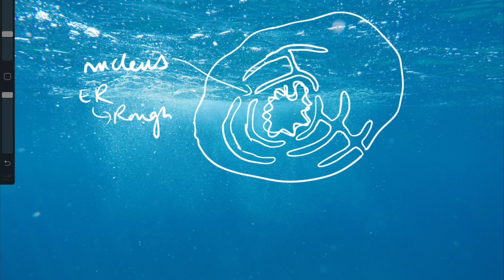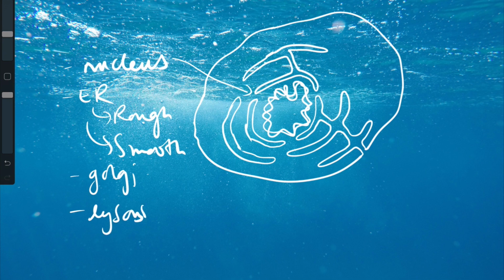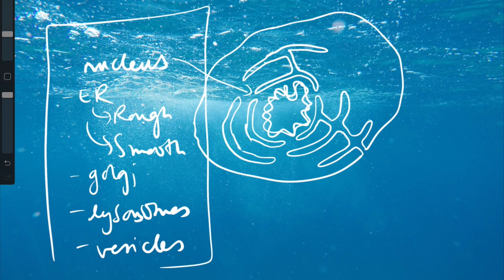Both rough and smooth are considered to have evolved in this way. Additionally, the Golgi apparatus, also similar, and the lysosomes and the vesicles. Okay, so this family of organelles is thought to have formed by the infolding of the membrane.